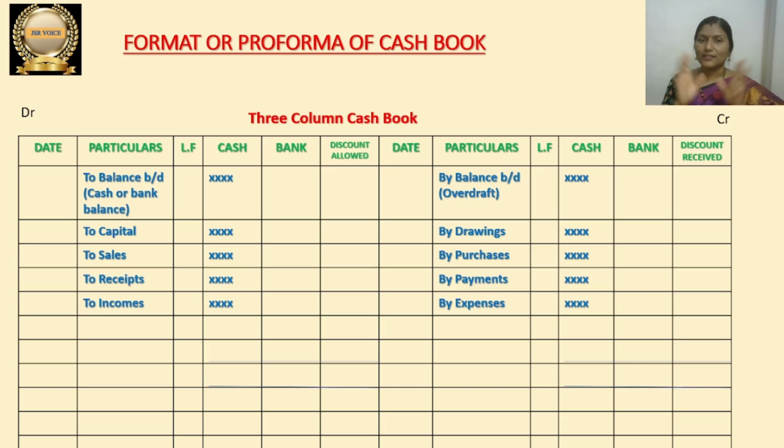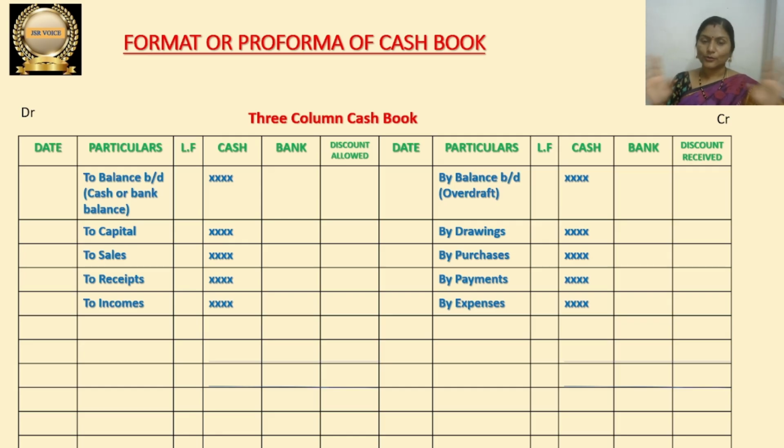And opening balances also. Opening balances we should record first, because on the opening day we are going to record that. And you should see whether we have an opening balance or not in every question. If we have, we should see whether it is a cash or bank balance or an overdraft balance. If it is a cash or bank balance, record on the debit side. If it is an overdraft balance, record on the credit side.